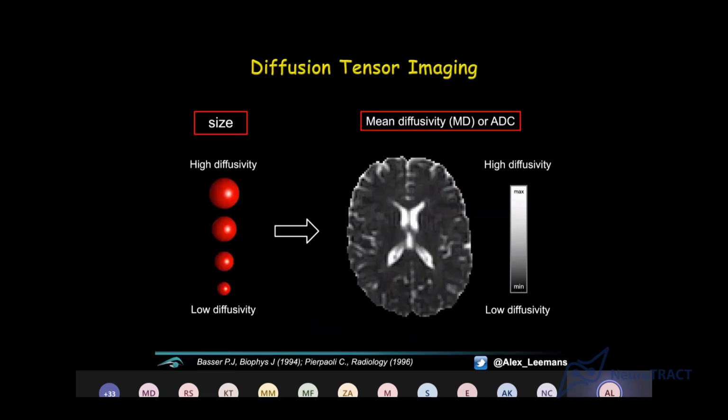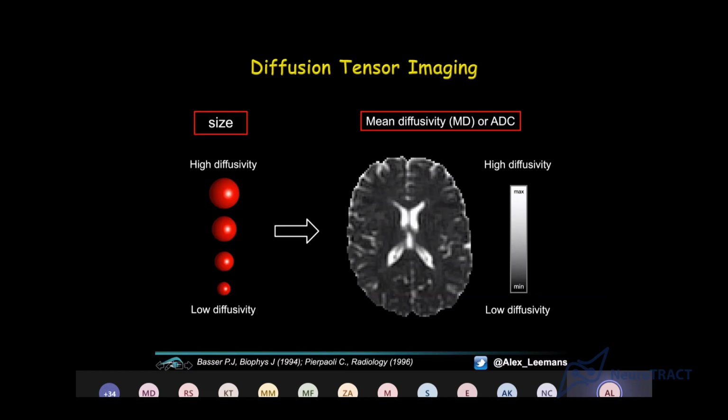All right, and there's many other properties that you can look at. Another one, which is very popular, is basically the amount of diffusion. Okay, so you've got the size of these ellipsoids. If you have a big ellipsoid, it means that the spread of these molecules is quick, like they move and can quickly go far away.